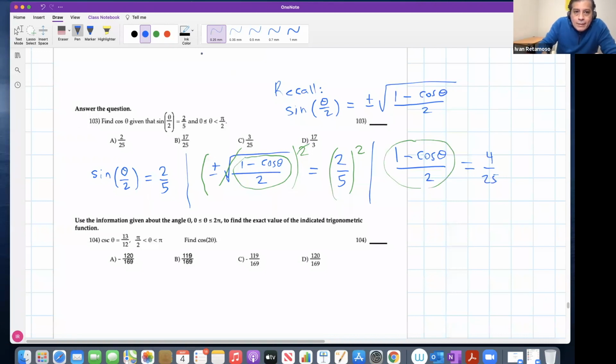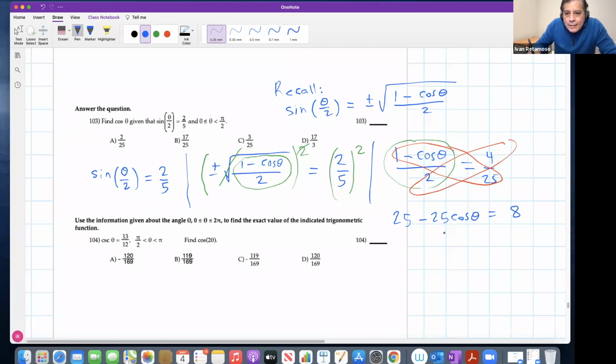One way to solve it is cross multiplication, right? Cross multiply this, cross multiply this. 4 times 2 is 8. 25 times this is 25 minus 25 cosine of theta, right? This is 8. Now subtract 25 on both sides.